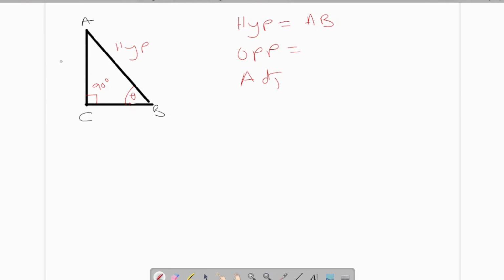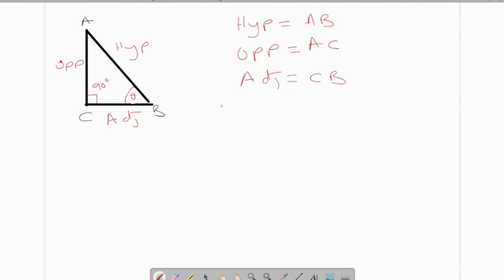On our diagram, our opposite is AC. And the adjacent is the side with two marked angles. On our diagram here it is CB. Adjacent is CB.